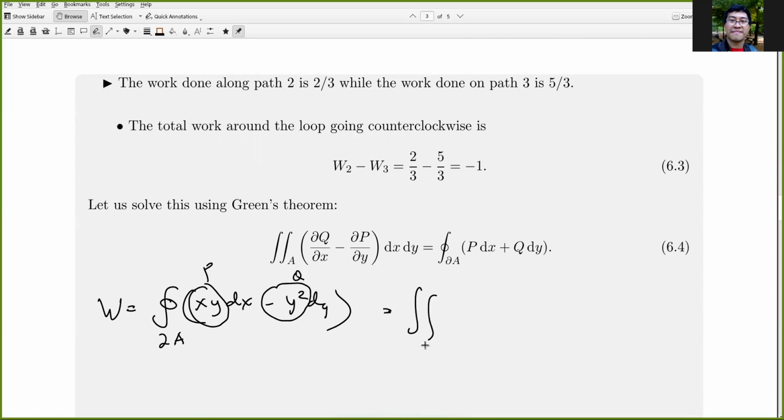So our double integral will become the partial of Q with respect to x, so that's the partial of negative y squared with respect to x, and the other one is the partial of P with respect to y, so the partial of xy with respect to y, dx dy.